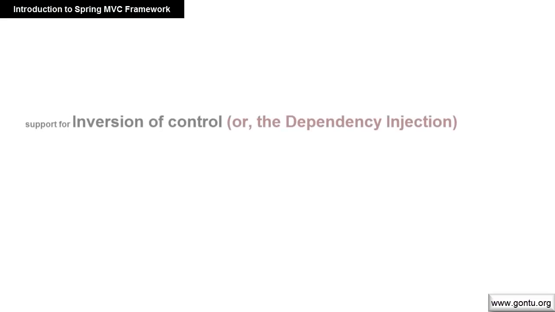So let's start. Spring MVC is a web application development framework based on MVC guidelines. It's like any other popular MVC frameworks available till date, like Struts2 and many others. But still, sometimes it becomes developers' first choice over others because of its support to a simple yet the most powerful feature, and that is inversion of control or the dependency injection.